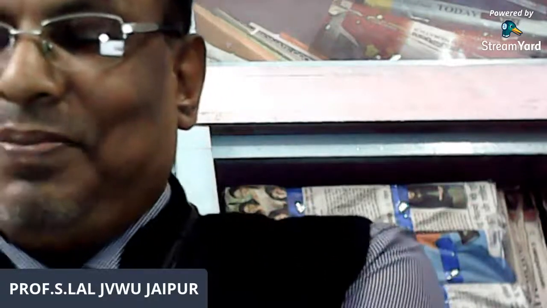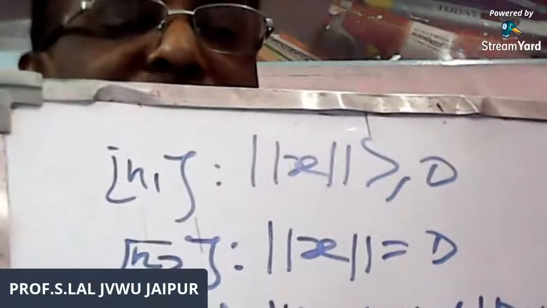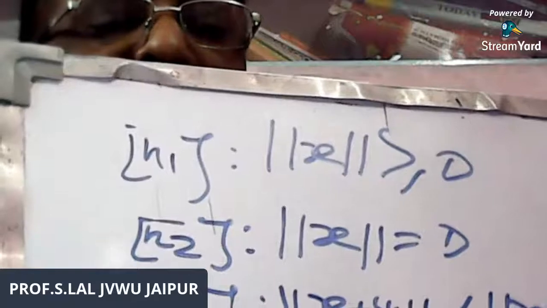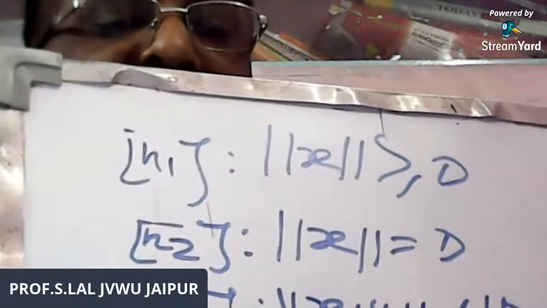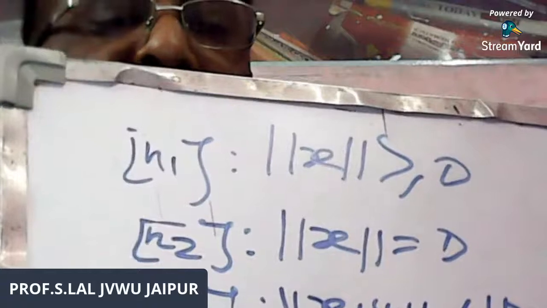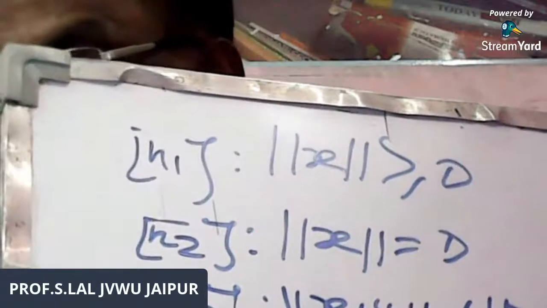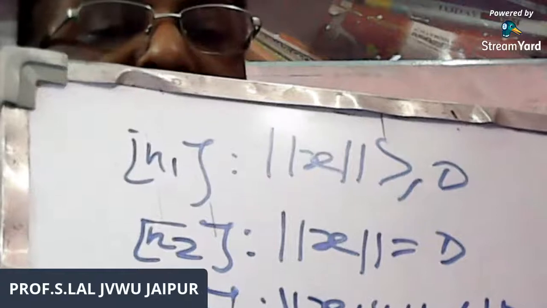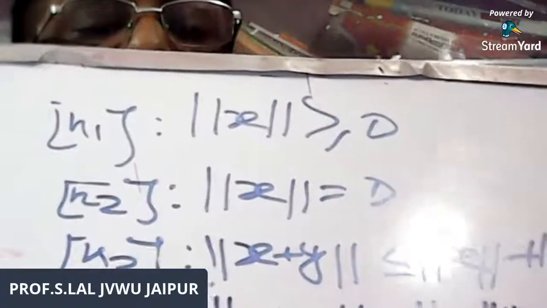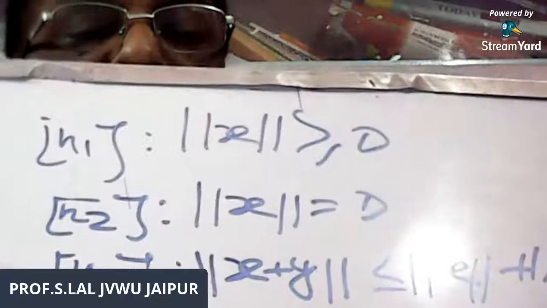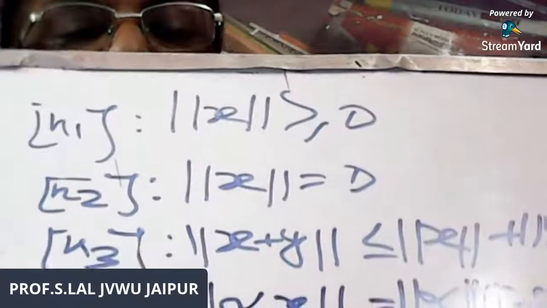Students, these are the key to success. What are the four conditions to form a normed linear space? Your career depends on it. So write first N1 such that norm of x is greater than or equal to 0. This is the first. Second, N2 such that norm of x is equal to 0.